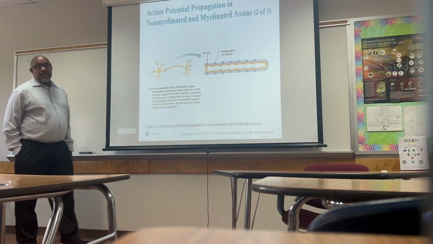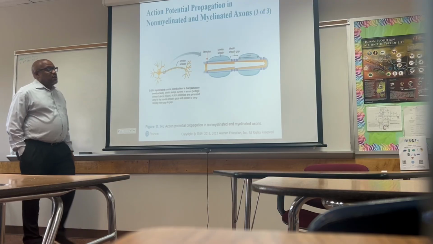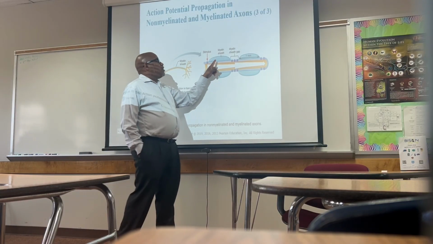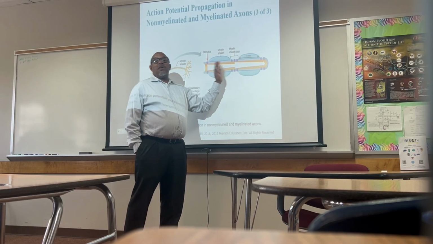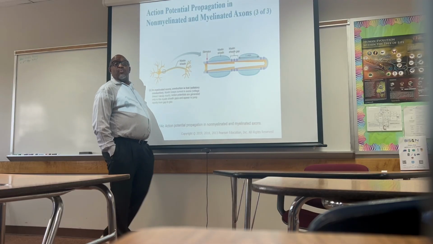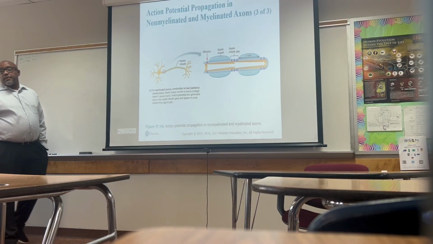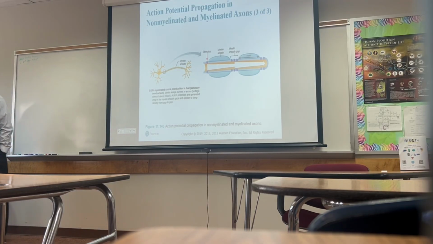That's a non-myelinated axon. In a myelinated axon, here, notice it's going from one node to the next node to the next node. It spreads a lot faster because you lose less ions when it's myelinated. When it's not myelinated, you lose some ions out of the plasma membrane, or the neurolemma.